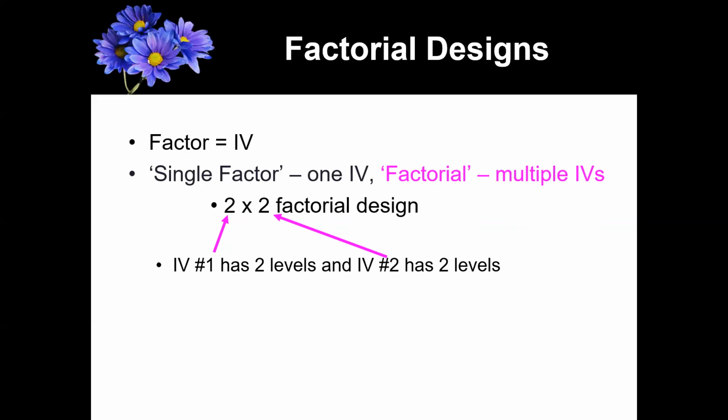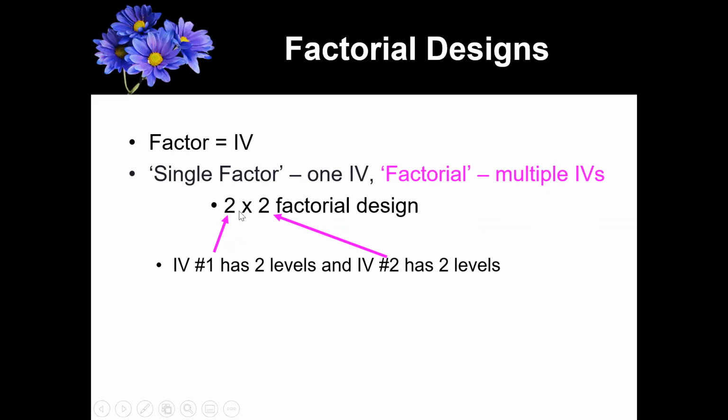Well, the same thing goes for when you have multiple independent variables. In a single factor design, you have one independent variable with two or more levels, two or more conditions. In a factorial design, you're going to have at least two independent variables, each with at least two levels. So that's what this part means.